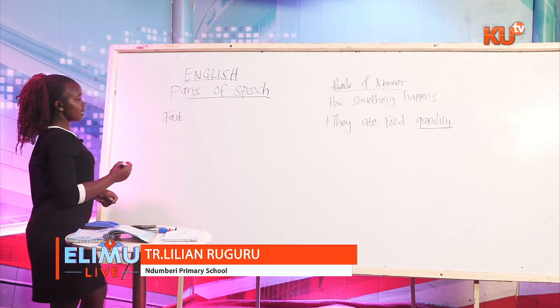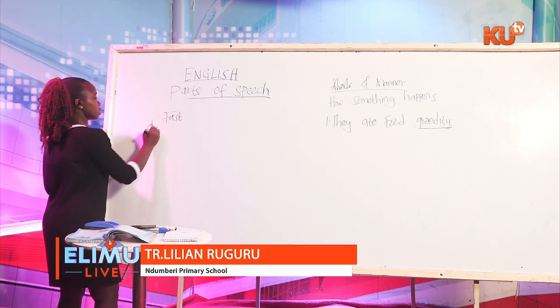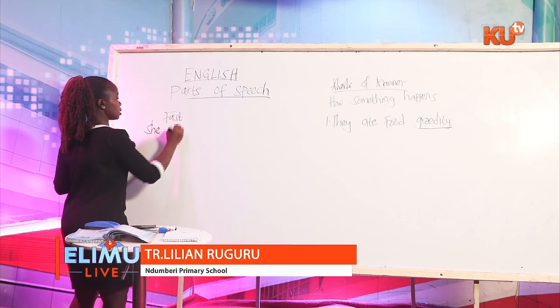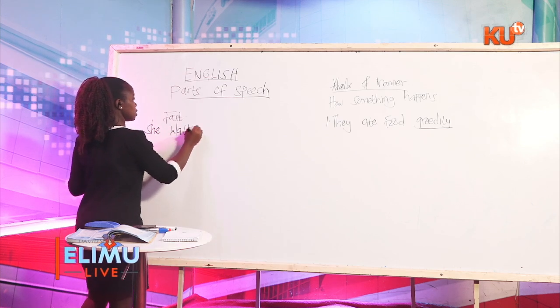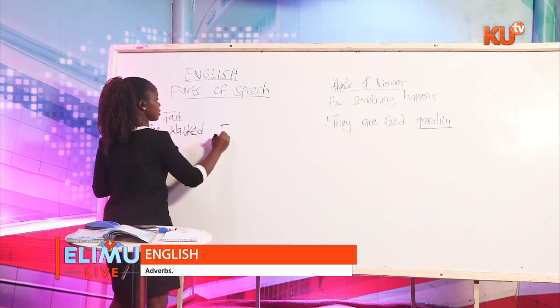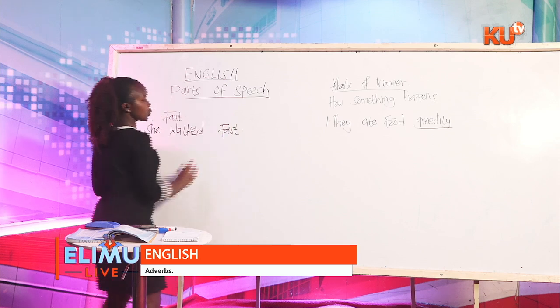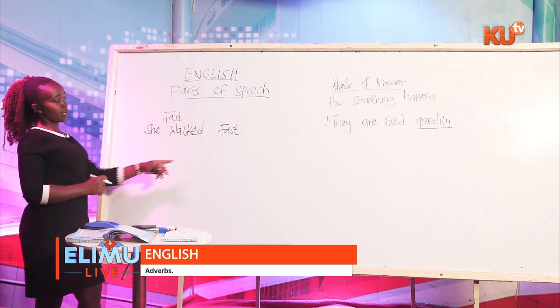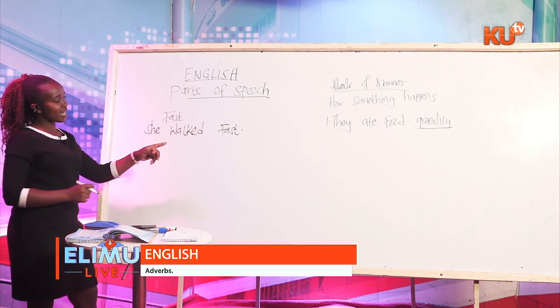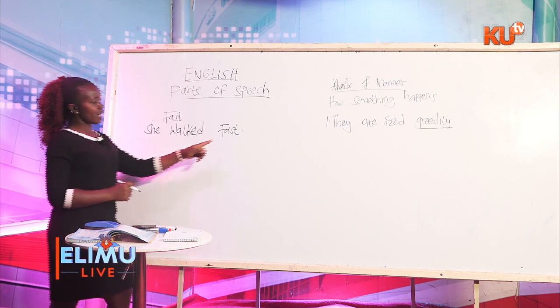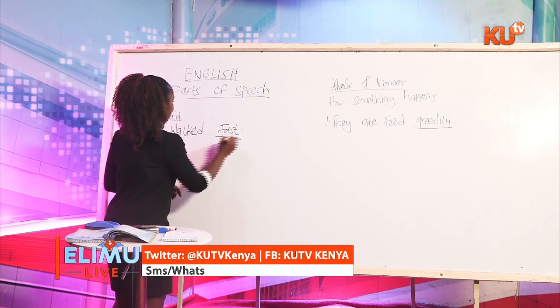For example, in a sentence, we can say she walked fast. The manner in which she walked was fast. Now you can see this one, we have not added an ly. So our adverb of manner here is fast.